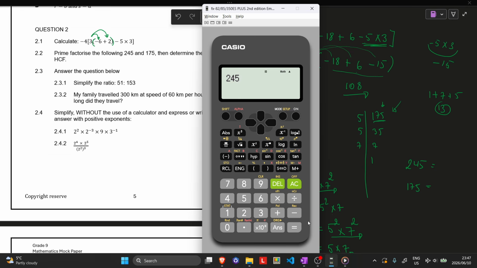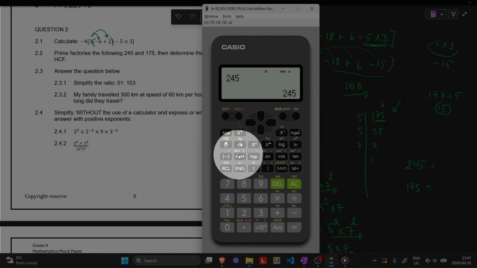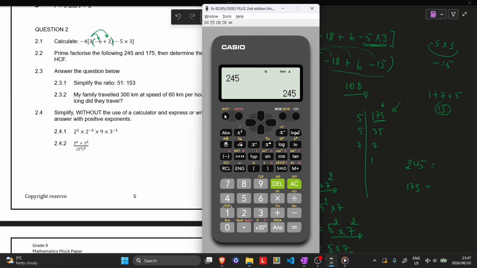And I'm just going to enter it because I want it down below. And now I'm going to use this. Let me just shift here. You can see fact is written here. So I need to press shift, then press this button here, fact.